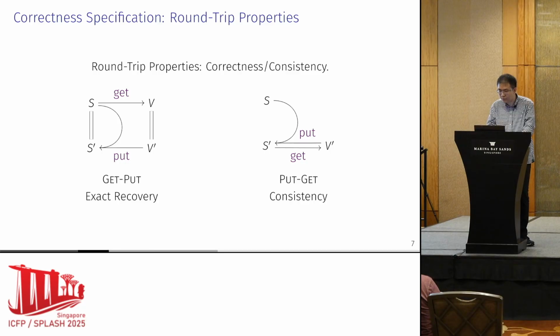That's our requirement previously. And the other way around, if we first put and then we get, we should get back the view we just put in. That means all the information in the view should be reflected in the source, and this entails the consistency between the two conversions.